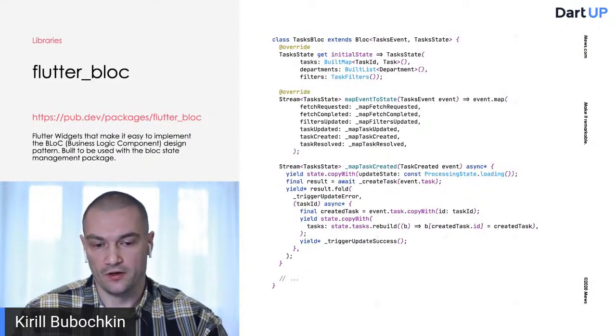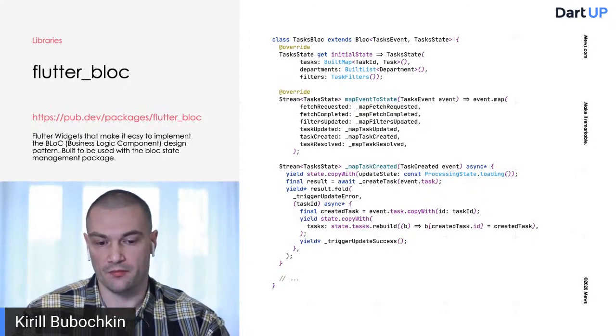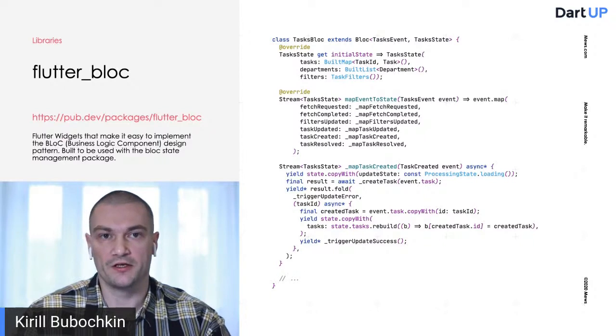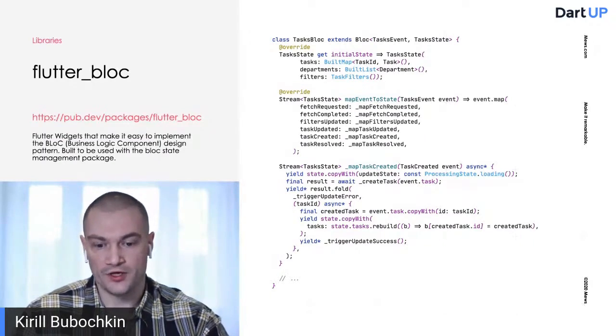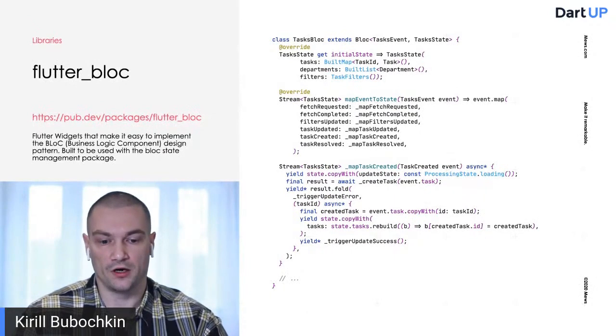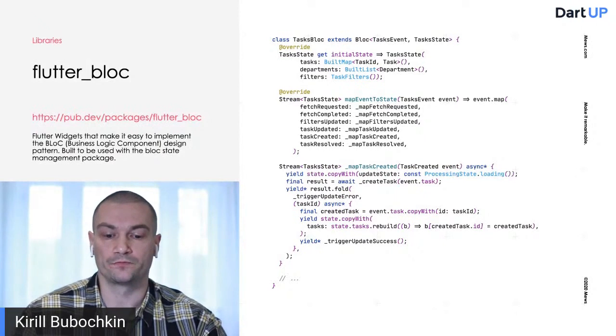We have a processor where we define which function will process the emitted event, and the typical event processing can look like that. For example, when the task created event was emitted, first we yield the loading state, then we use the create task method that is an interface method, and the implementation is defined in the data module.